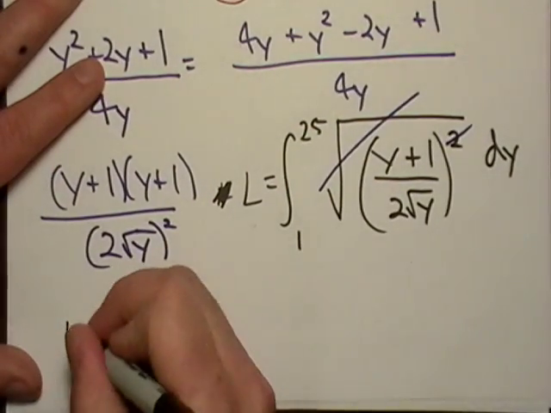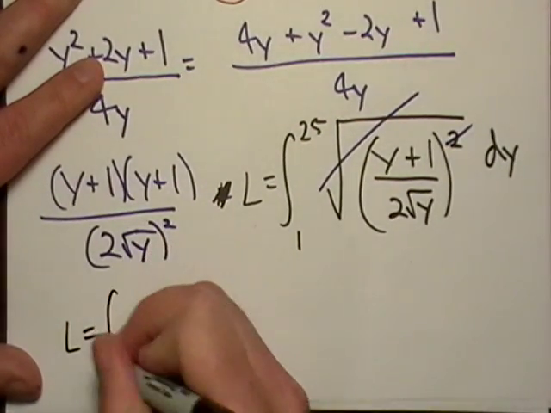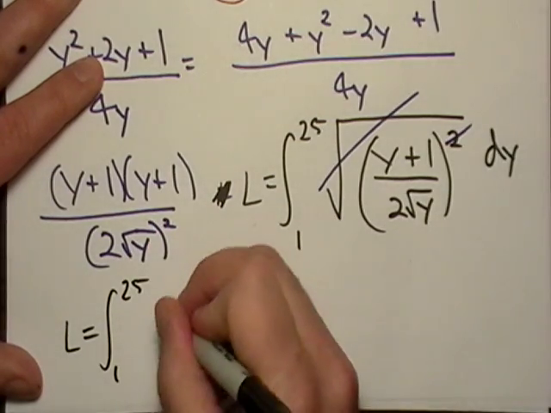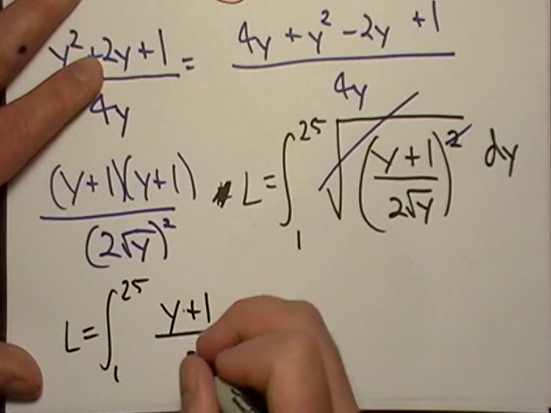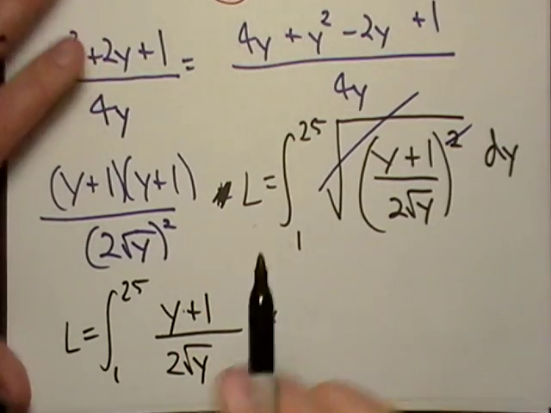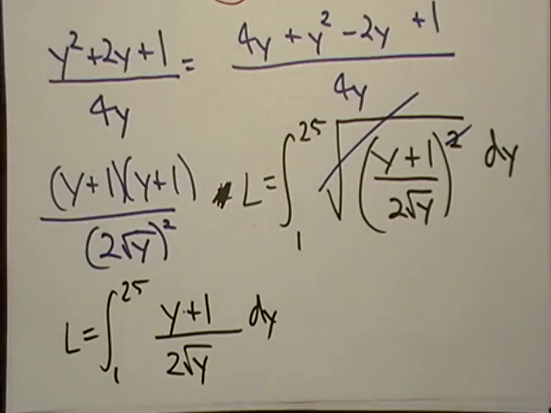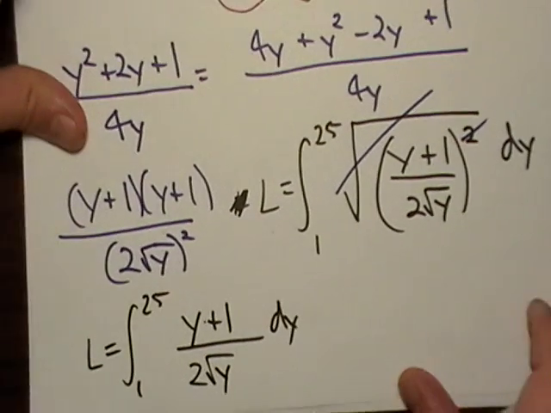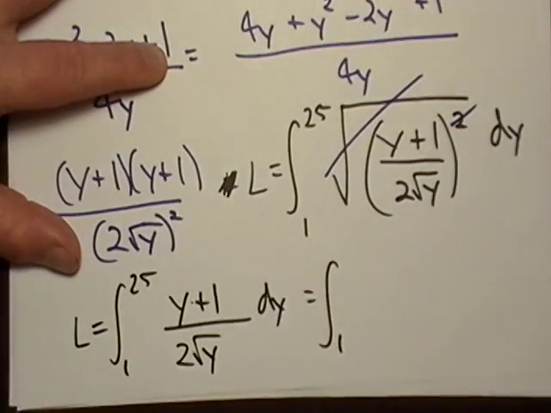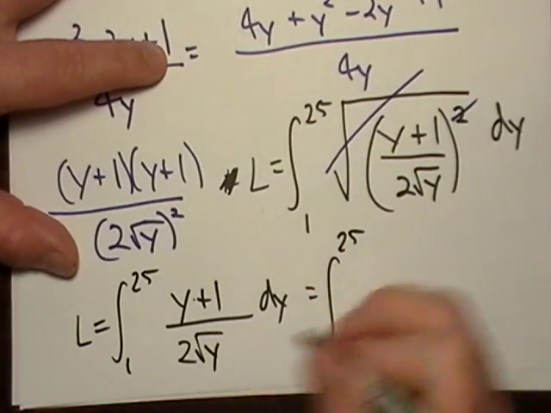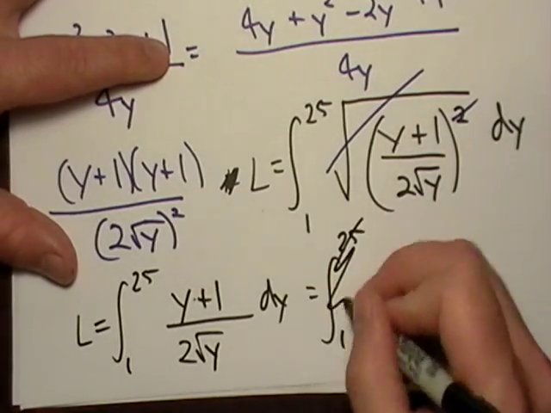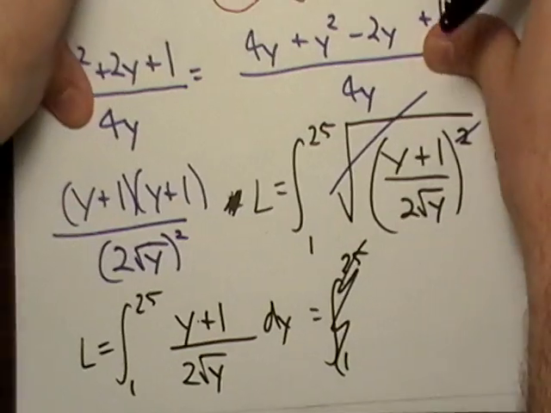So my length is equal to the integral of y plus 1 over 2 square root of y dy. Actually, I'm going to yank this 1/2 out.